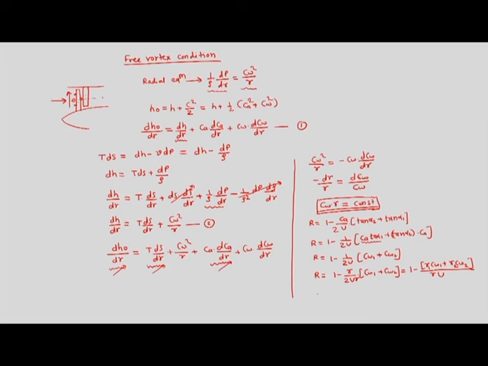Since this is a constant, we get R is equal to 1 minus 1 upon r into u, say this constant is k1. But we know that u is equal to pi D n by 60, so u is equal to pi r n into 2 by 60. So it turns out that R is 1 minus k2 upon r square. So this is the relation of degree of reaction with respect to r.